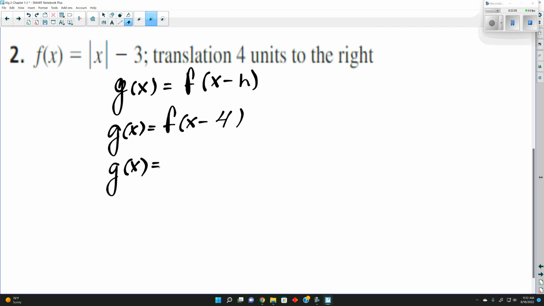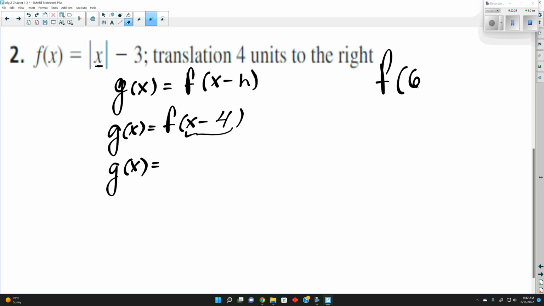So here, we don't have f of x anymore. Because if we had f of x, we would just replace it with the absolute value of x minus 3. But this time we have f of, so everywhere there's an x in this function, it's going to be replaced with x minus 4.